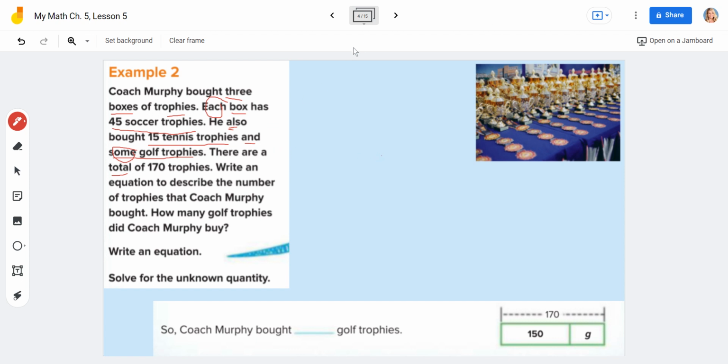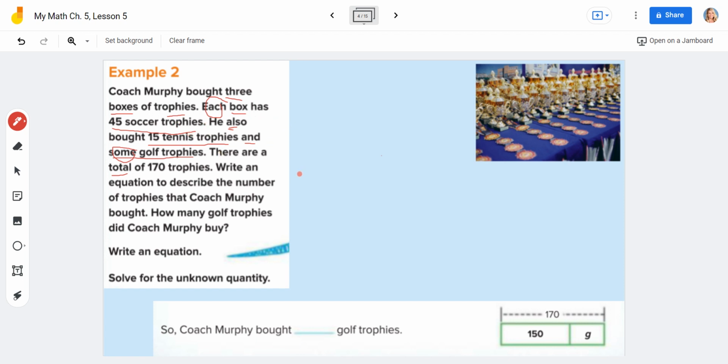All right, again, I know it breaks it up for you, but I'd really rather you write one equation along with me. So let's go back up to the beginning. Coach Murphy bought 3 boxes of trophies. Each box has 45 soccer trophies.